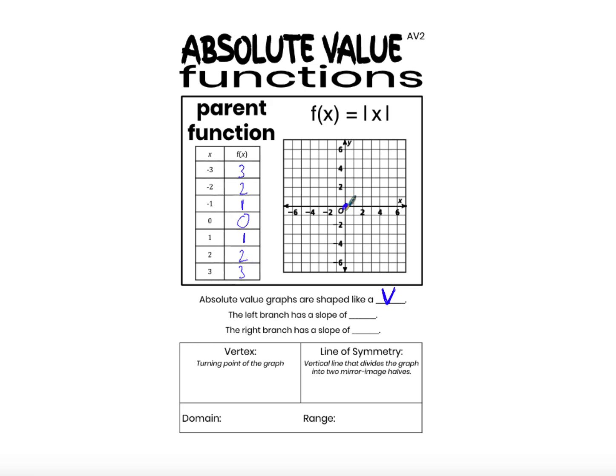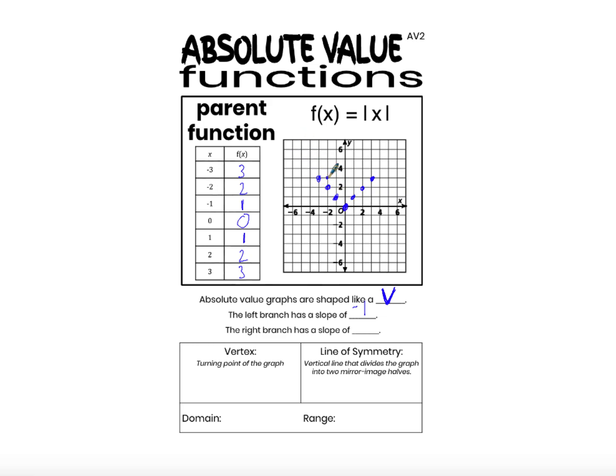We can graph the parent function by graphing these points: -3, 3, -2, 2, -1, 1, 0, 0, 1, 1, 2, 2, and 3, 3. If we look at this graph, the left branch has a slope of -1.